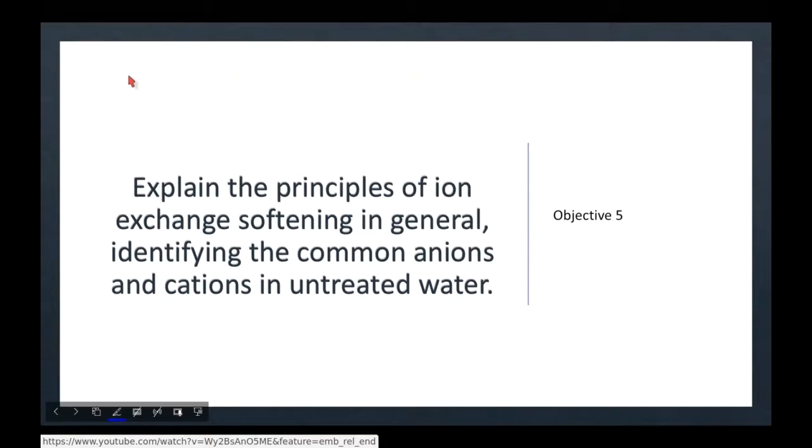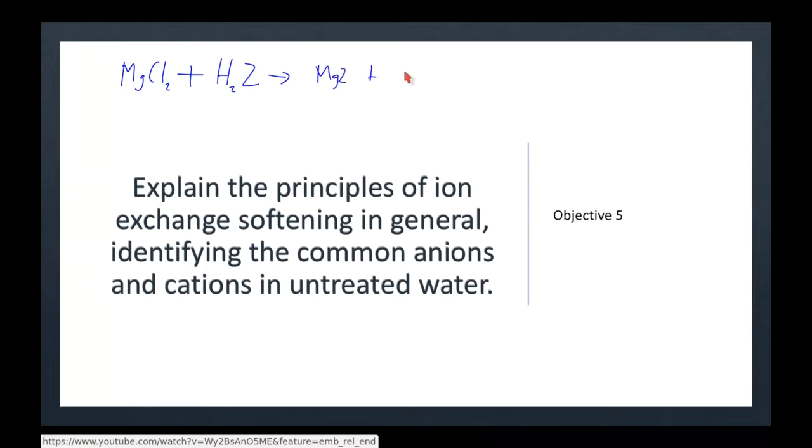Let's say we've got magnesium chloride as our form of hardness. This would be permanent hardness, plus hydrogen zeolite is going to give us magnesium zeolite plus hydrochloric acid.